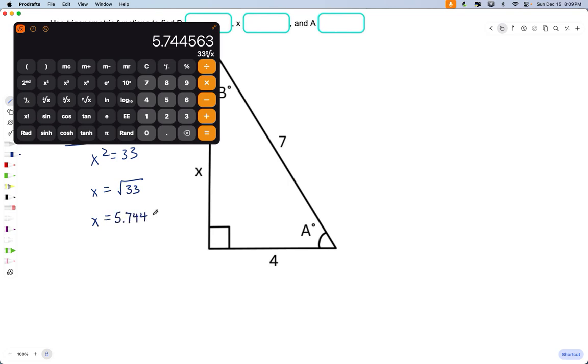Okay, so that is the value of x. I am going to assume that this probably wants the square root of 33, but I'll check that. You probably could also put in 5.74 and get the same. Either one of these is probably correct.